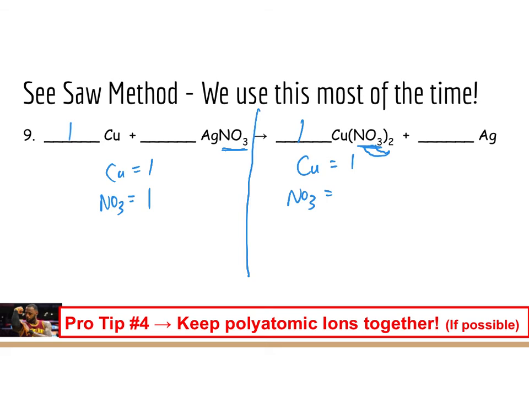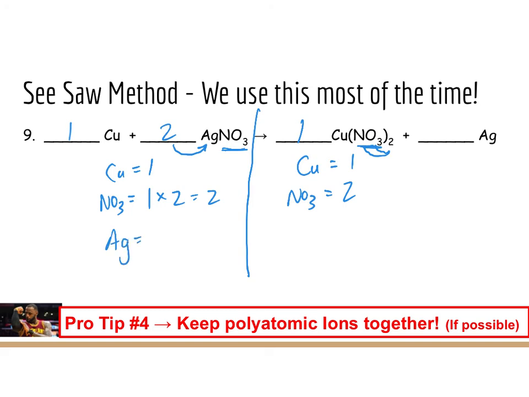So if I have 2 NO3s, do you see how I can double this times 2 to give myself 2 NO3s on the left and 2 NO3s on the right? Now notice that 2 not only applies to the NO3, but it also applies to the Ag. So that coefficient applies to everything.